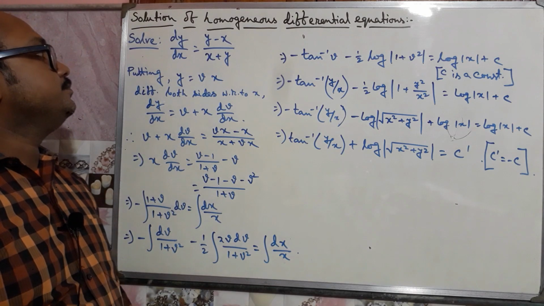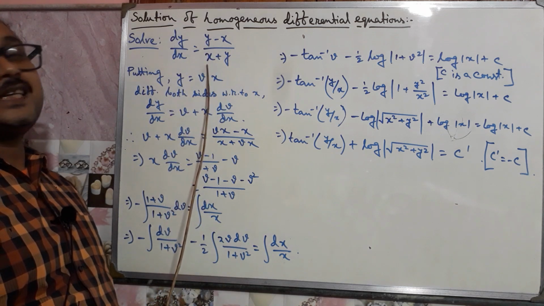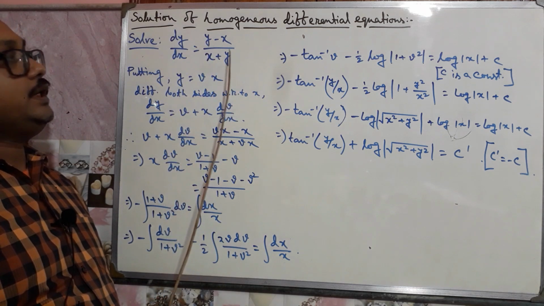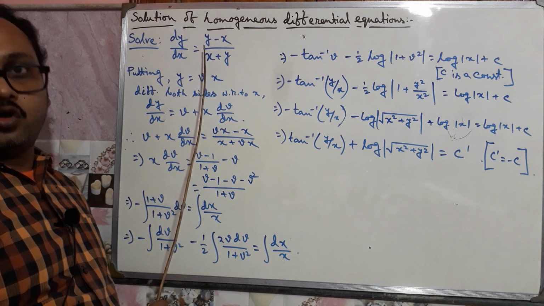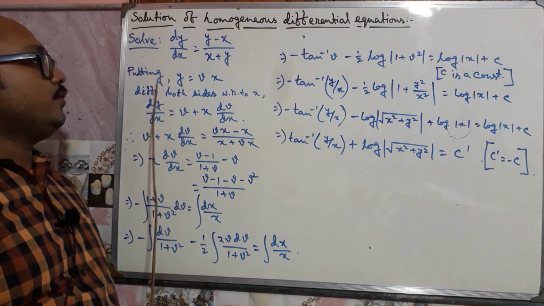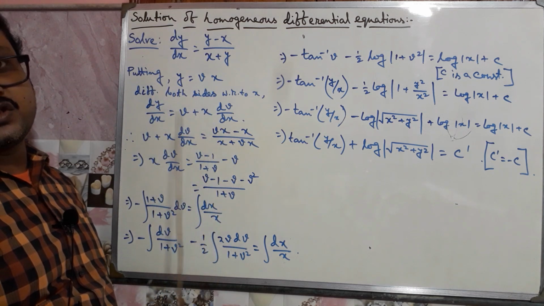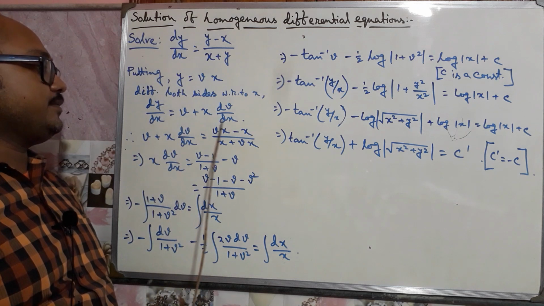Another problem, it is given dy/dx equal to (y minus x) by (x plus y). So, it is also a homogeneous differential equation. So, putting y equal to vx, differentiating both sides with respect to x, dy/dx will be v plus x dv/dx.